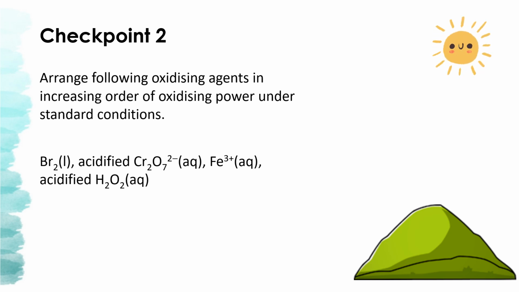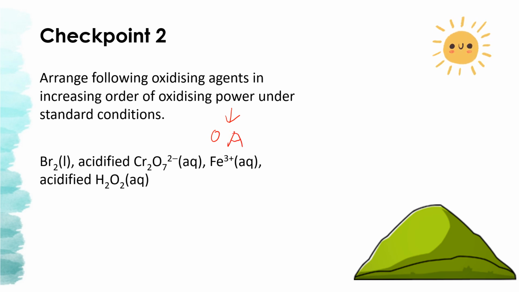Okay. Now we will try to arrange the following species here in terms of their oxidizing power. Okay. So when we are talking about oxidizing power, we are talking about oxidizing agent, OA.